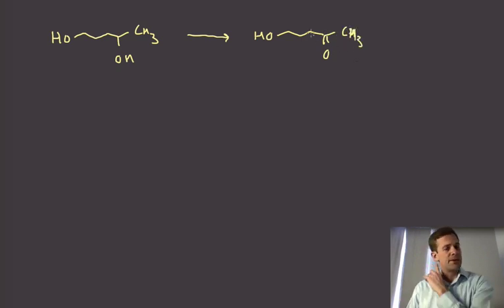Okay, but the problem is that again, if I just treat this with 1 equivalent of PCC, there's not enough of a selectivity between primary and secondary to expect there to be a good yield of this material. And in fact, if anything, you would expect the selectivity to be the other way, where the less hindered primary alcohol is probably going to react preferentially. So that's not going to give us good access to this compound.